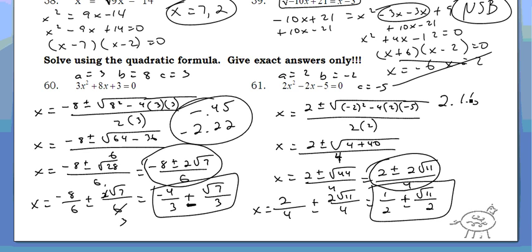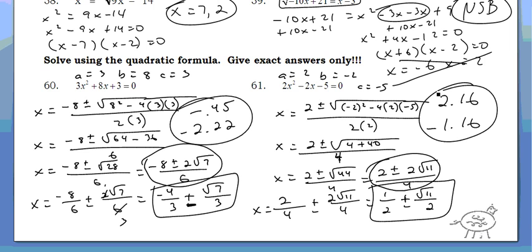And same thing, except 2 minus 2 root 11 divided by 4. And that gives me negative 1.16. Okay, be careful if you're rounding, because I'm going to take off if you round incorrectly. And those are your two answers.